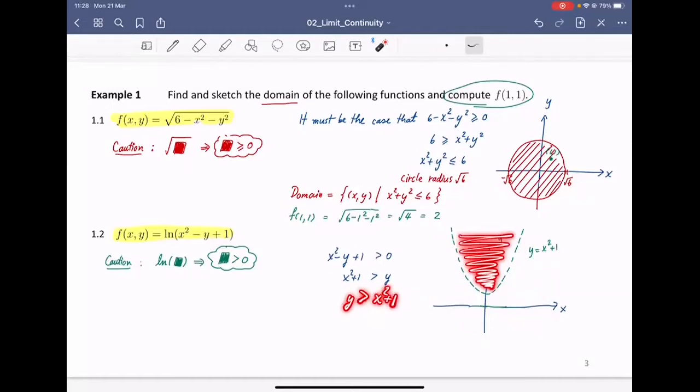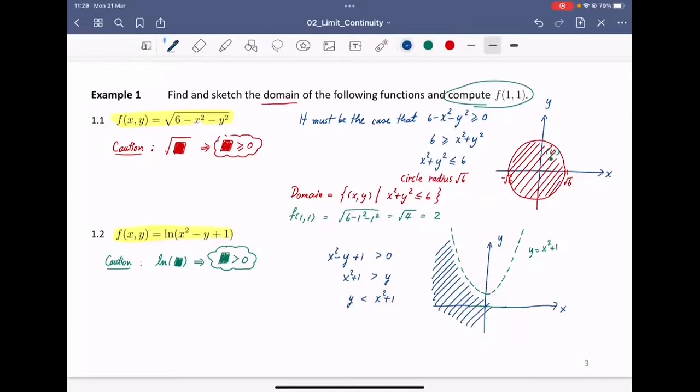Does it make sense? So the area you have to shade is the outside one. This is all the area you need for this question, because you want the domain to be the set of x, y such that y is less than x squared plus 1.